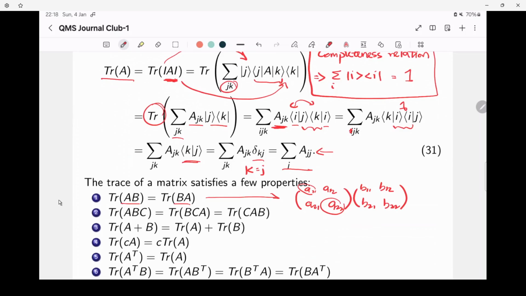You find that if you switch the order from AB to BA, the diagonal elements are the same when you perform this kind of multiplication. So that's how you would prove the first property.